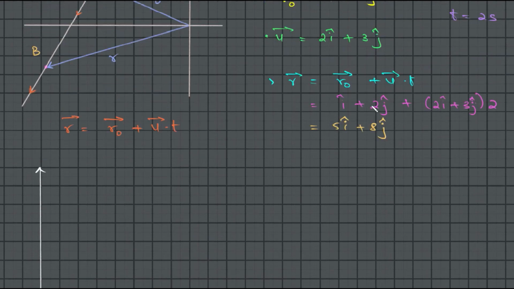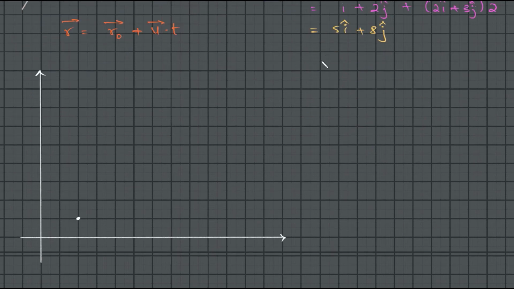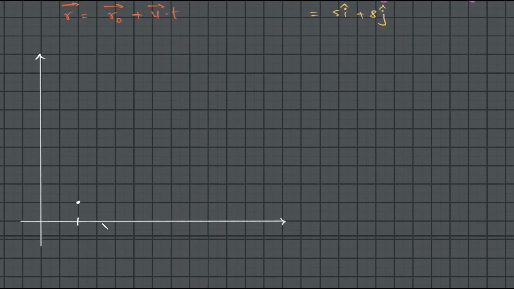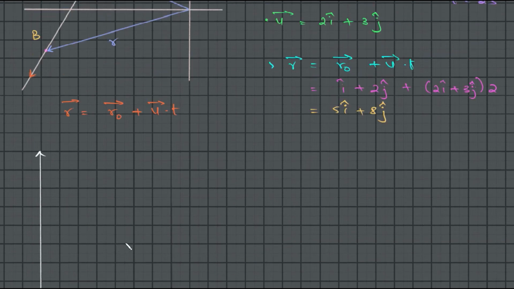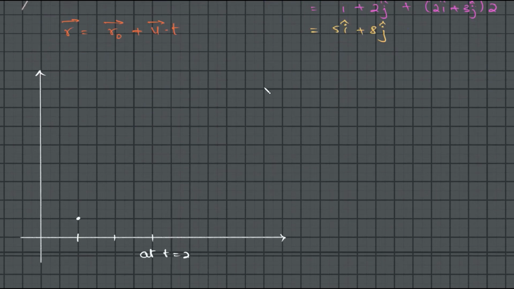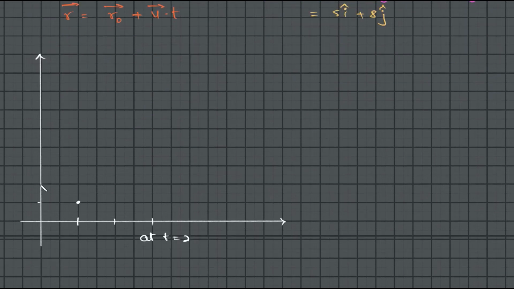Now the particle is taking 2 units right every 1 second. So every 1 second the particle is moving 2 units right. So this is the first second and the second second. So the particle is over here at t equal to 2. This is along the x-axis. Now along the y-axis it's moving 3 units. So it was here, it has moved 1, 2, 3 and 1, 2, 3. So this is when it is at 2 seconds.